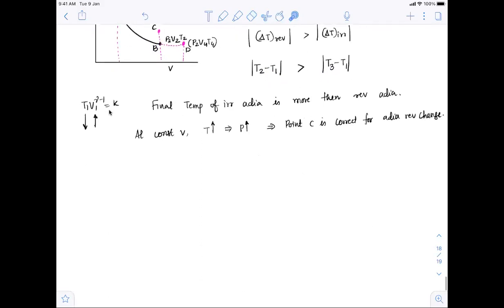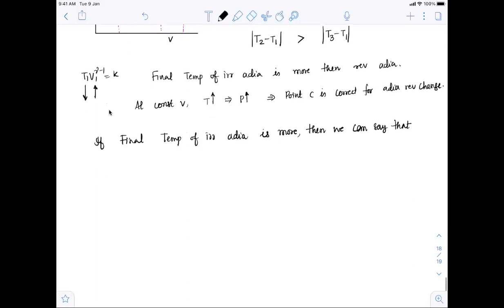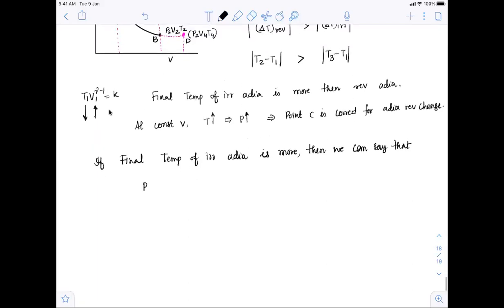If final temperature of irreversible adiabatic is more, then we can say that at constant pressure, as temperature is increasing, volume has to increase.